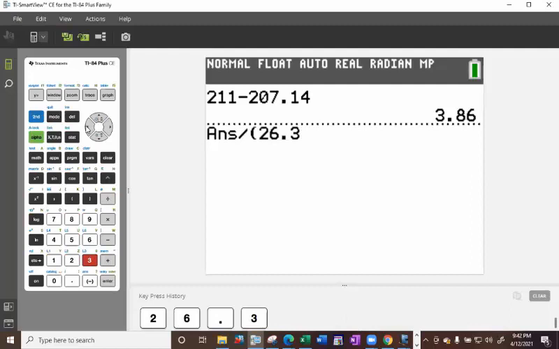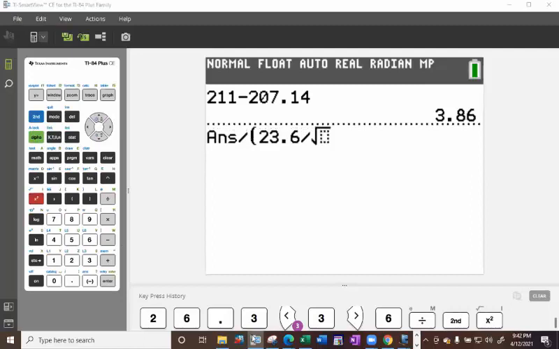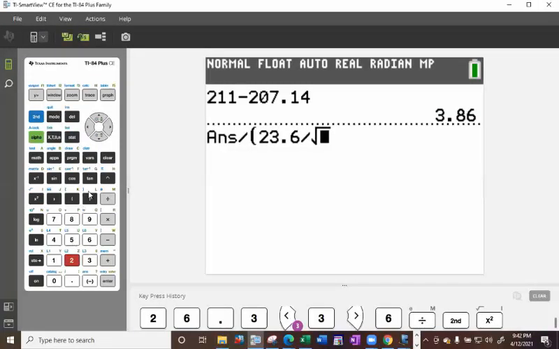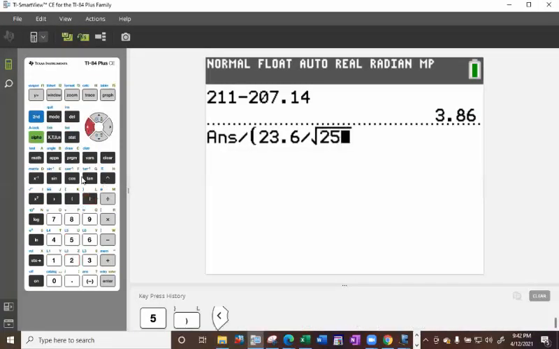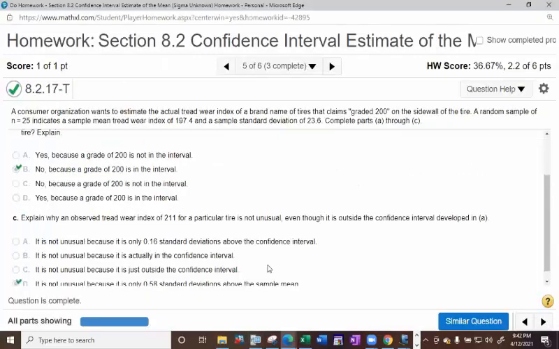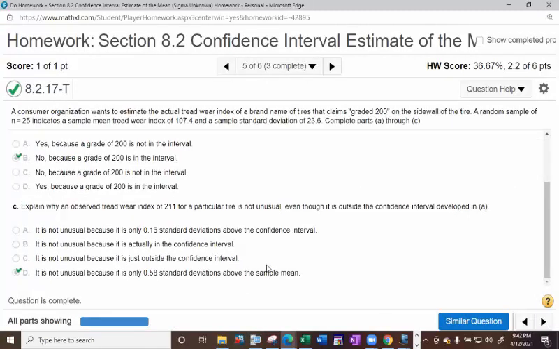Ah, got it backwards there. Square root of what was n? 25. And 0.58. And I got 0.82. What am I missing here? I don't know.